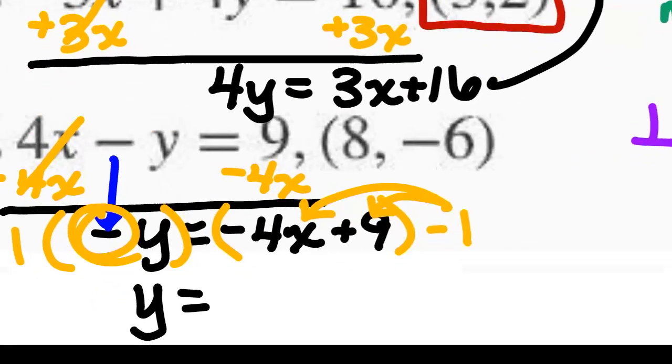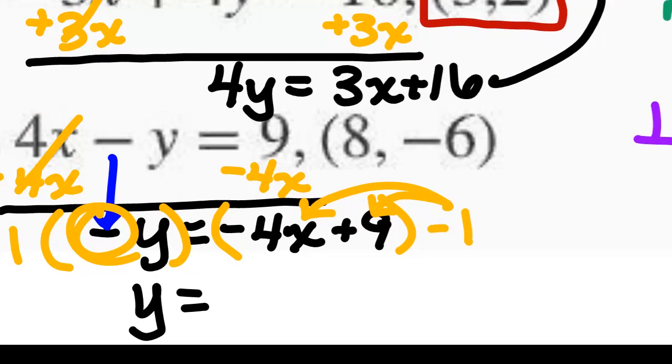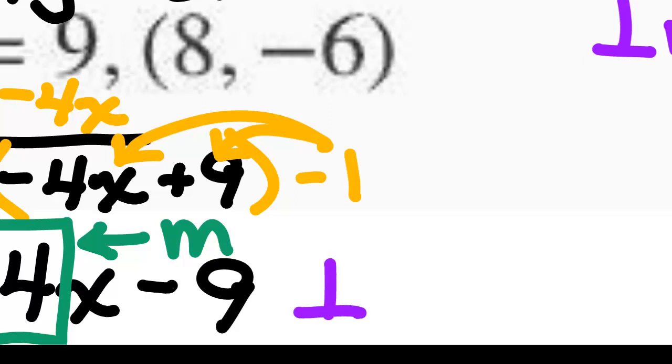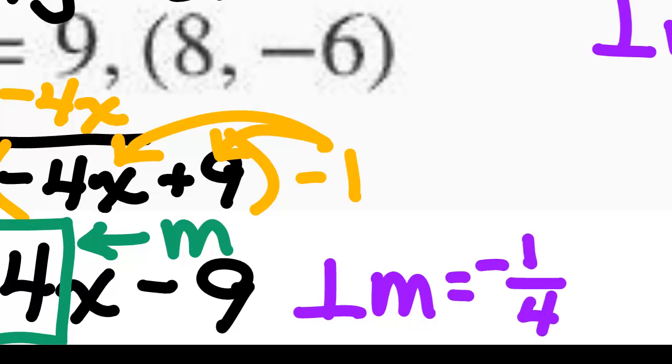What's -1 times -4x? Positive 4x. What is -1 times 9? -9. All right, so now I have the slope of this line, that's 4. So what will my perpendicular slope be? -1/4.